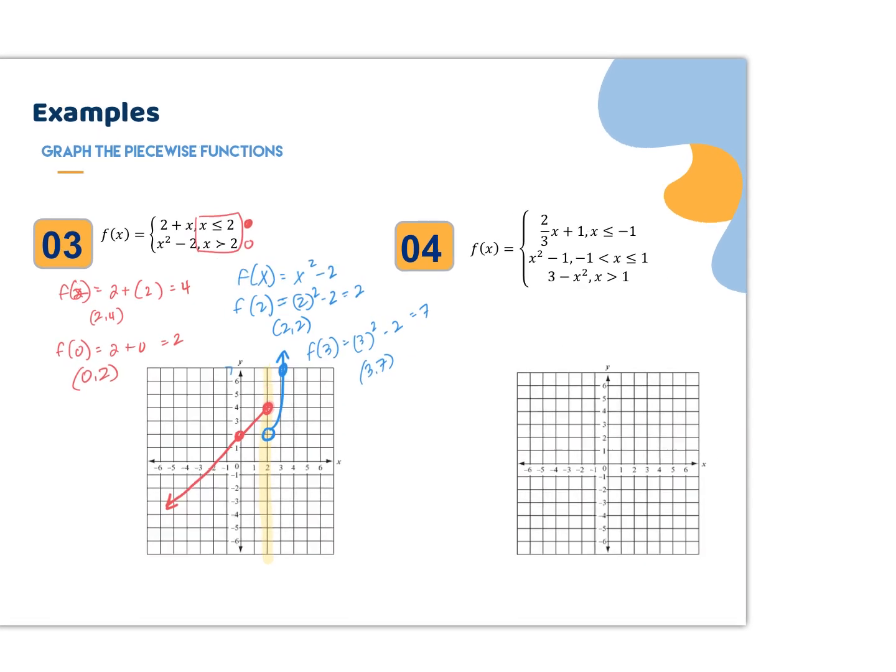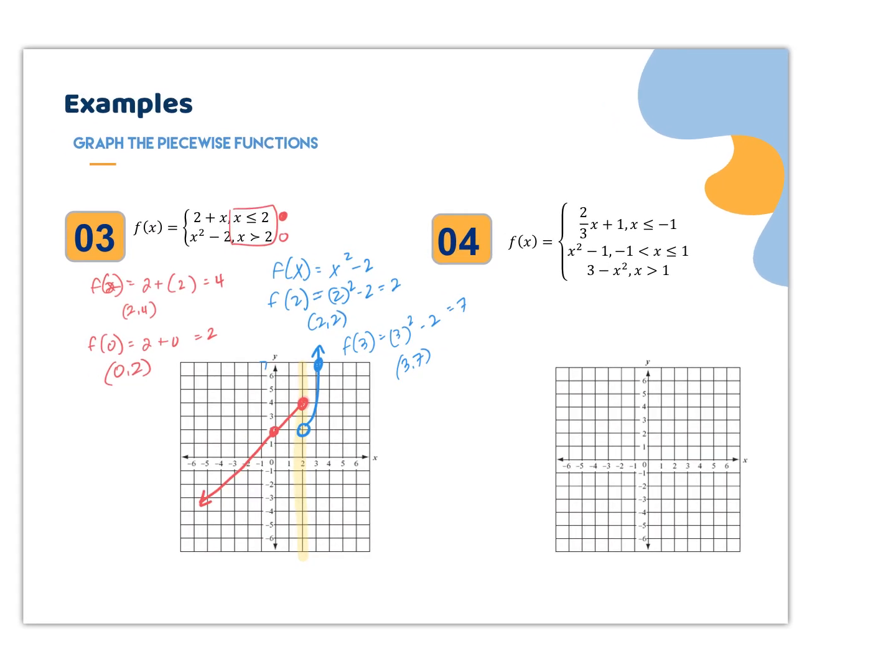We come over to the last one and notice that it's 3 different functions. So we have some critical values here. It's kind of weird, right? We've got x is less than or equal to -1. Then we have x is between -1 and 1. And then we have where x is greater than 1. So this one has 3 critical parts, right?